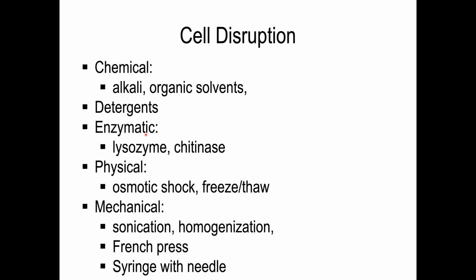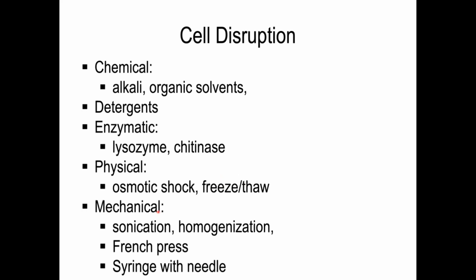You can apply an osmotic shock on the cells. When you change the osmolarity of the surrounding medium, you can put the cells under osmotic pressure where they easily disrupt. You can freeze the cells and thaw them immediately after that. That also will disrupt the membranes and you get access to the cytoplasmic space here.